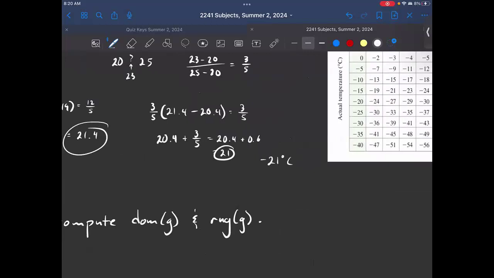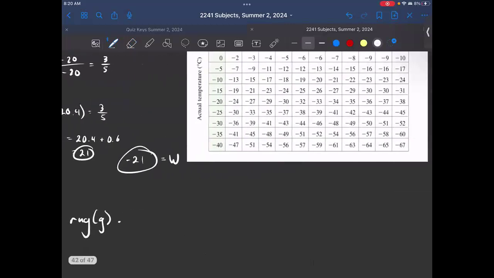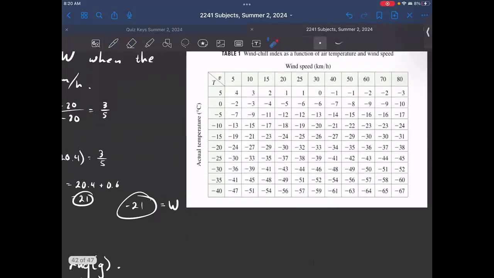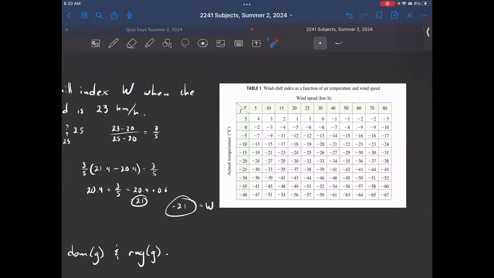Oh, no, sorry, that's incorrect. 21 is our wind chill index, our estimate for that. So that would be a number appropriately in between here and here, or here and here. Right. So this is a two-variable function with just a bunch of discrete values listed out. And this is one way that functions can be listed.